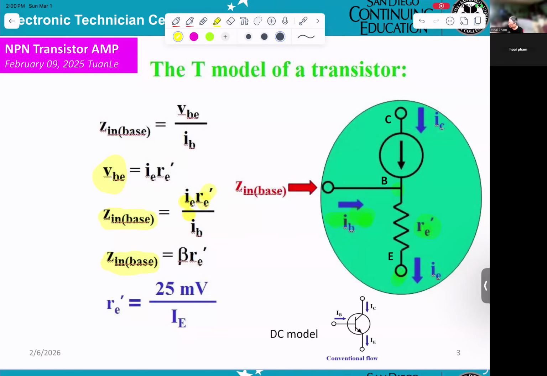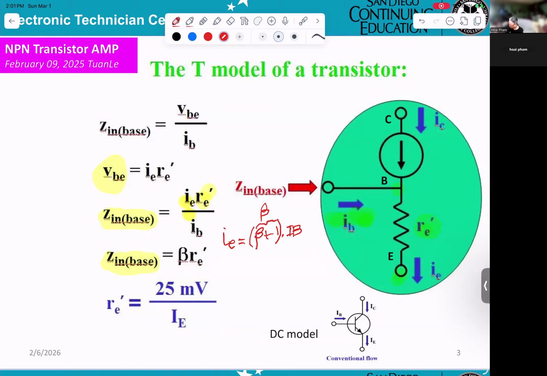How come? You can see IE equals beta plus 1 times IB, and this is almost beta times IB.